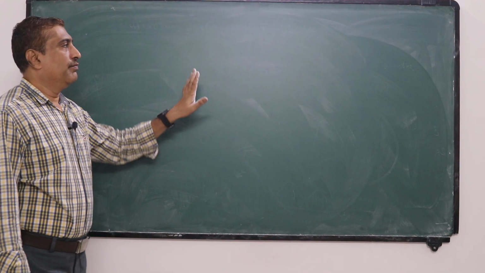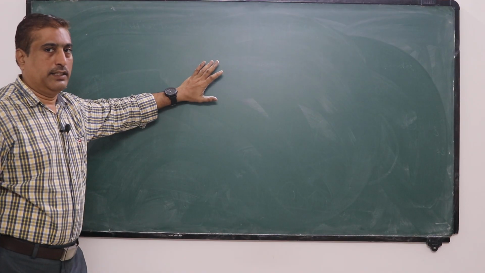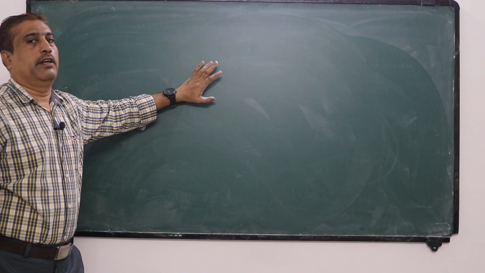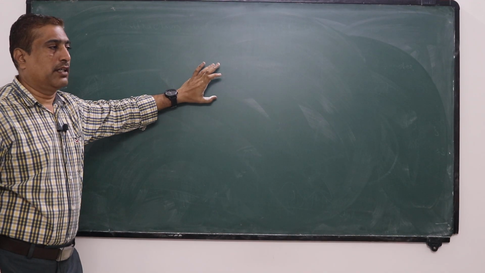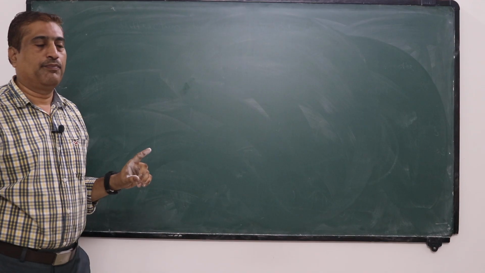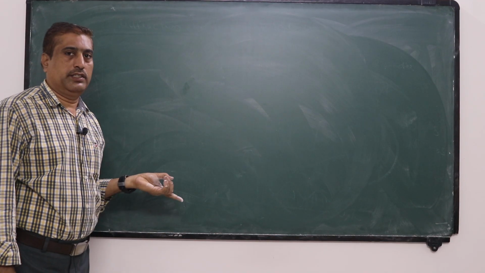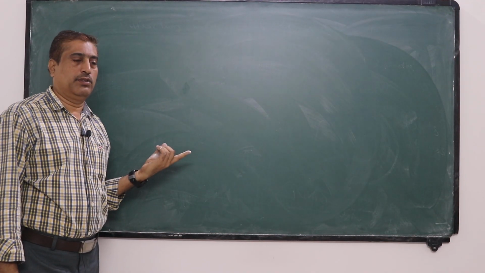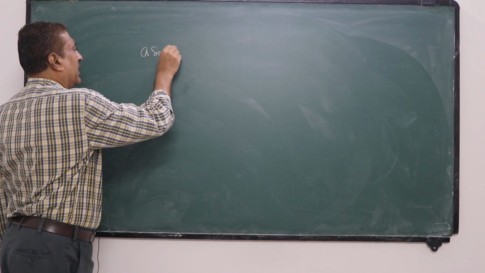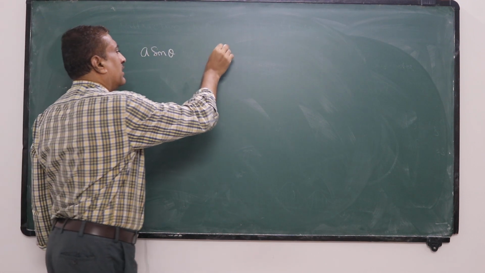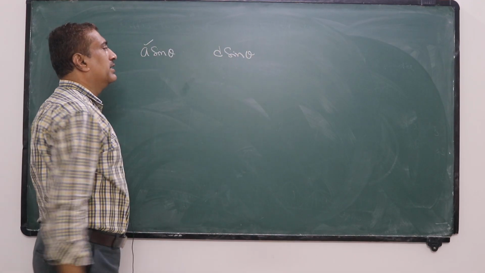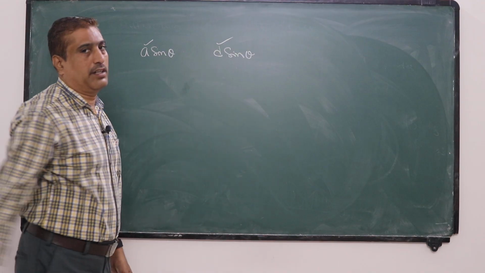So far in the diffraction topic, we have discussed diffraction due to single slit, circular aperture and double slit. In the case of single slit, we have the condition a sin theta, and in the case of circular aperture, it is d sin theta. Here a is the width of the slit, and d is the diameter of the circular aperture.